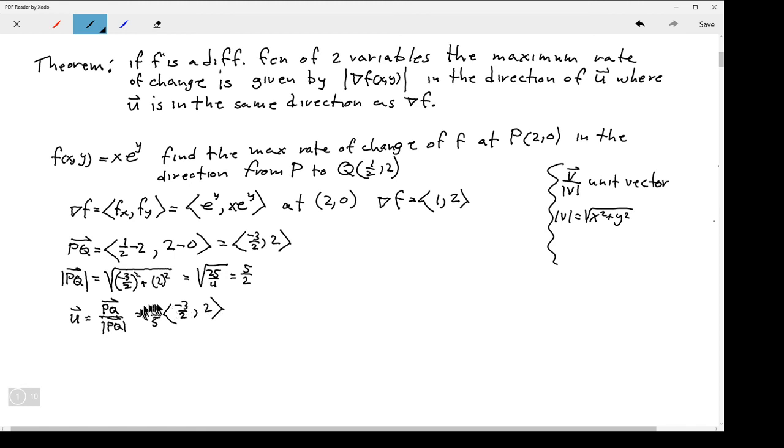To get rid of those, we get negative 3/5, and then 4/5.